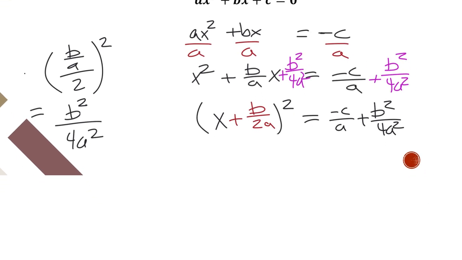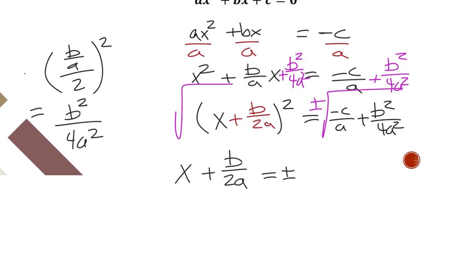So let's keep working here, and I'm going to move this up more and over a little bit. So now what we can do is we're going to square root both sides. So when you square root this side, square root this side, we get the plus or minus. We end up with x plus b over 2a is equal to plus or minus the square root of something. Now, notice how we cannot put these fractions together because this is 4a squared on the denominator and this is a on the denominator.